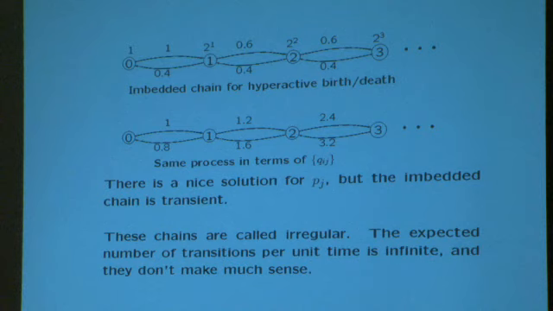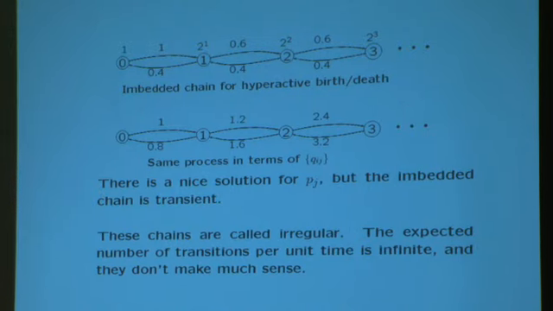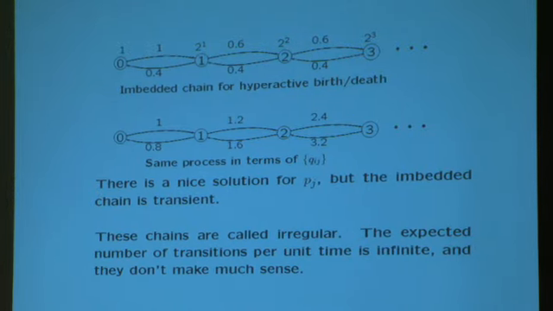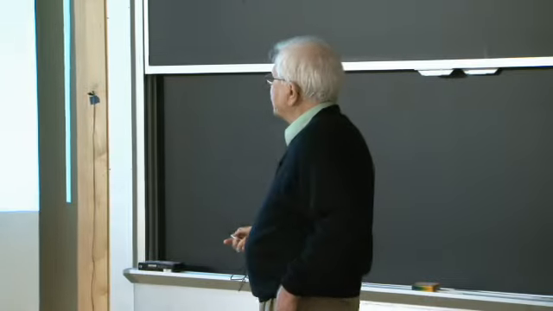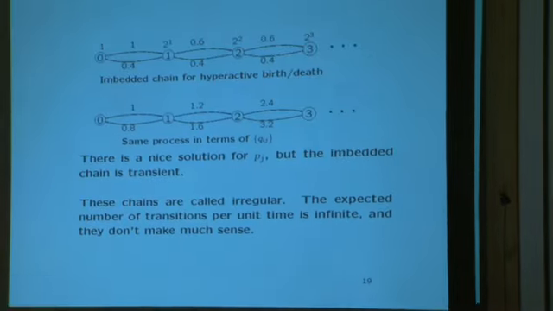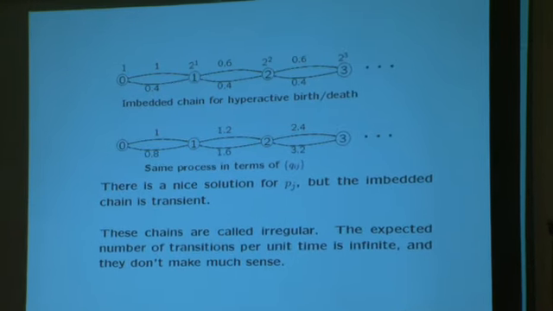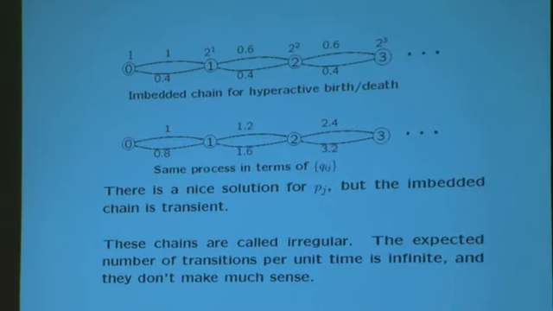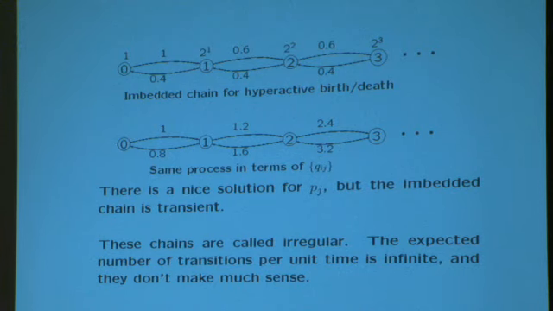This is because as you move up in state, you act so much faster. The transition rates are higher in higher states, and therefore the transition rates down are higher. The transition rate down from state 2 to state 1 is bigger than the transition rate up from i to i+1.